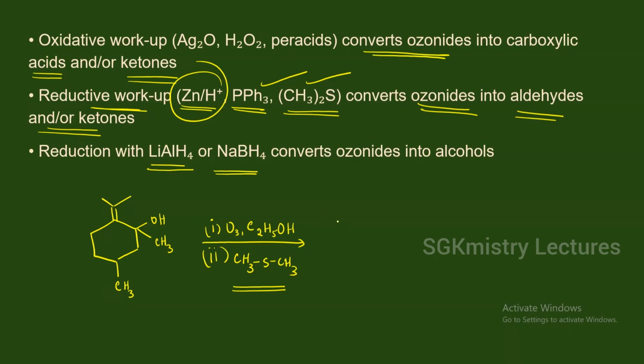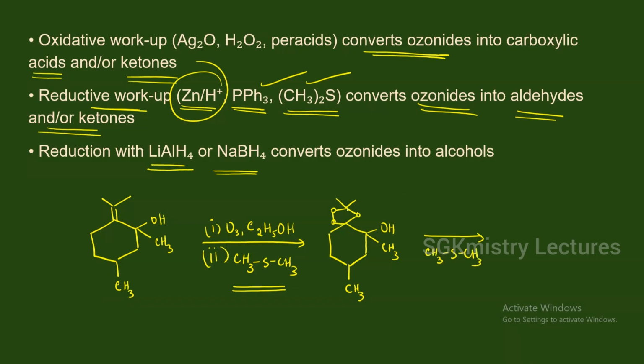So ozonide formation, how does it take place? Here CH3 remains as such, CH3 as such. Here the ozonide formation takes place, right? Now we know that since you have used a reducing agent, the second step is the addition of the reducing agent, right?